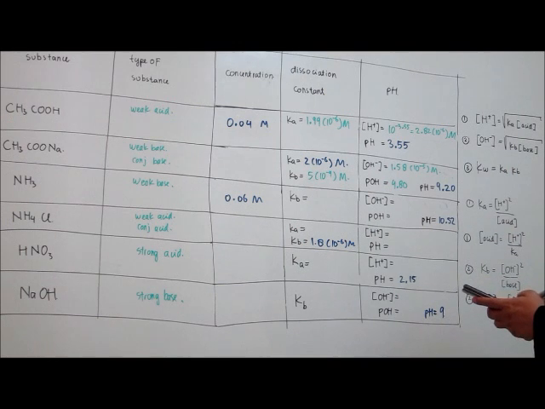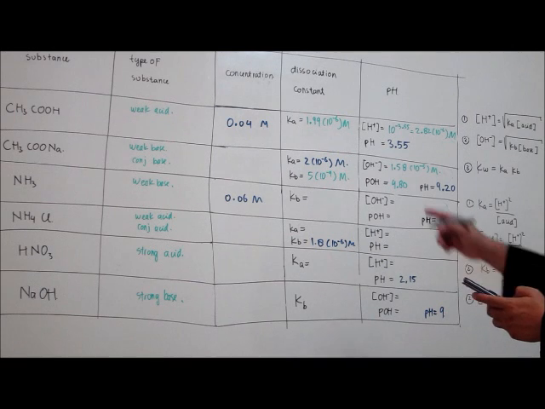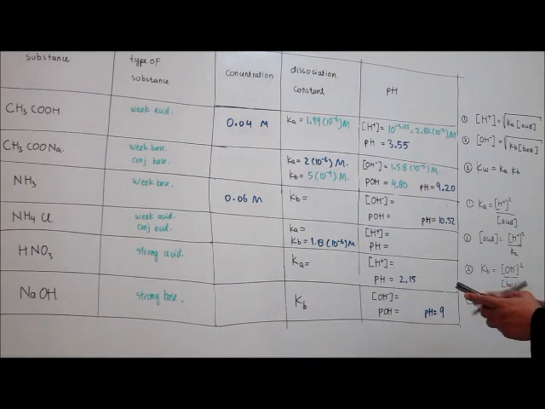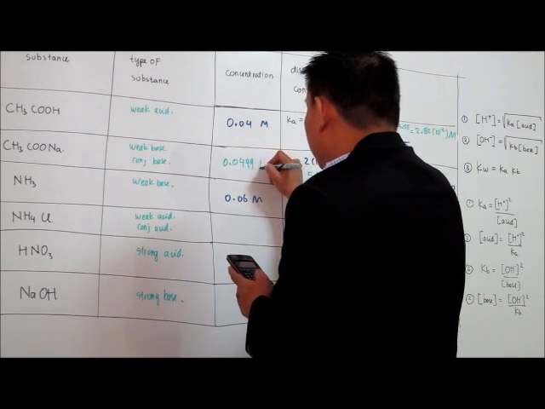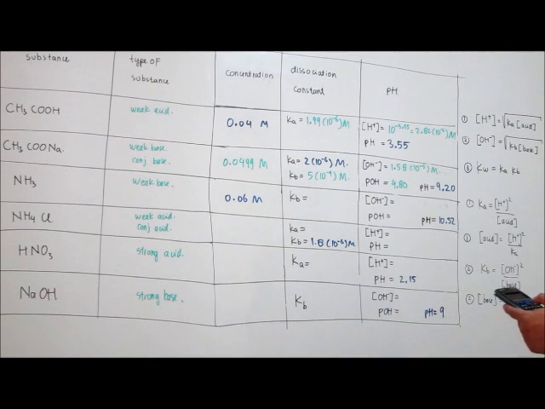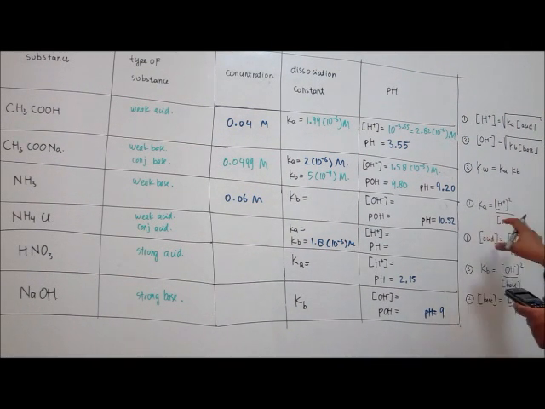So this one, 1.58 times 10 power negative 5, you must square the number and divide by Kb, which is, don't forget the brackets, 5 times 10 power negative 9. You get 0.0499 mole per dm cube. Simple. We just need to reverse and make concentration of base the subject.